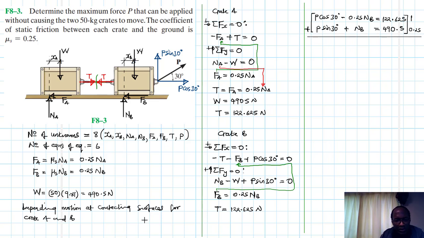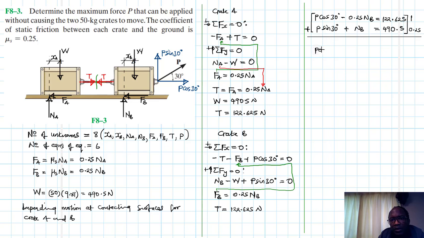And then once I add, then I'll have the following. So here I will have P cos 30. So let me add them in advance.